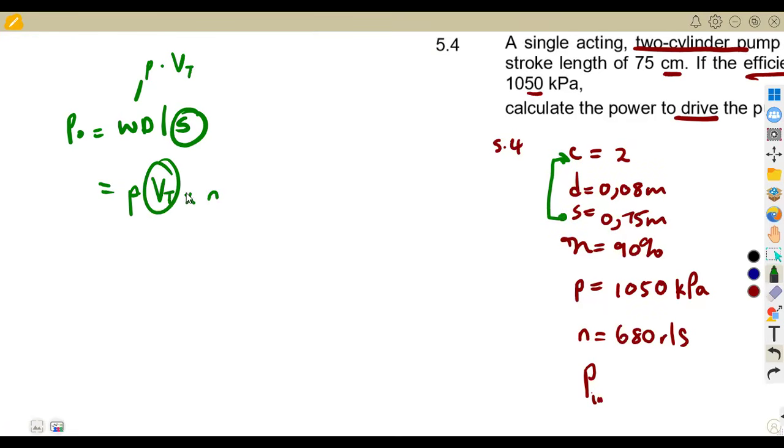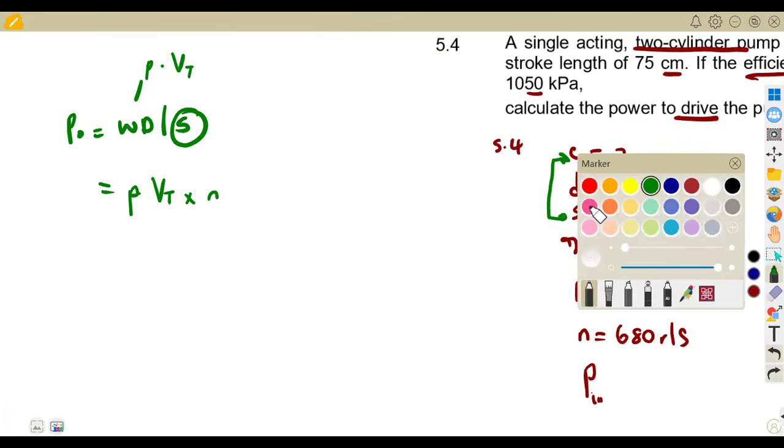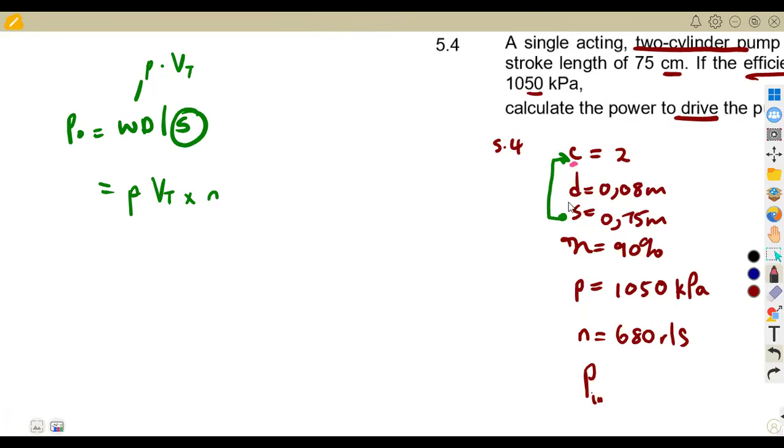But what about VT? Like I said, we have to calculate this from these three: the number of cylinders, the diameter, and the stroke length. We can calculate our VT. Remember, the total volume, VT, is simply equal to the cross-sectional area times the stroke length, but we have to consider the number of cylinders also, all right?